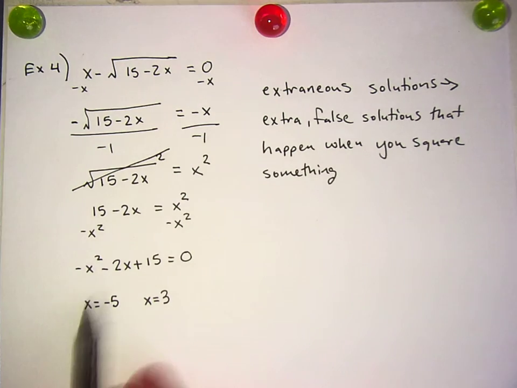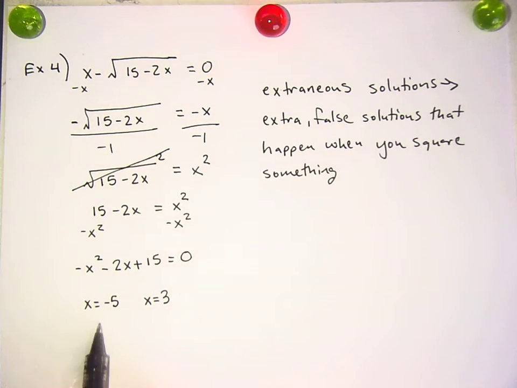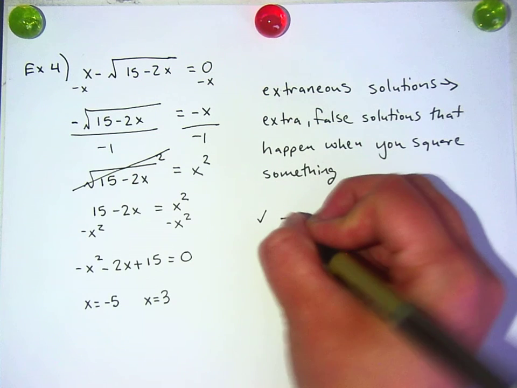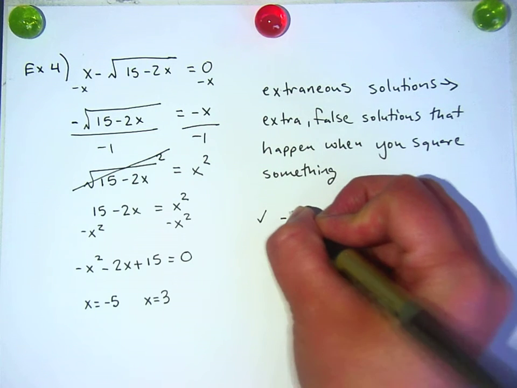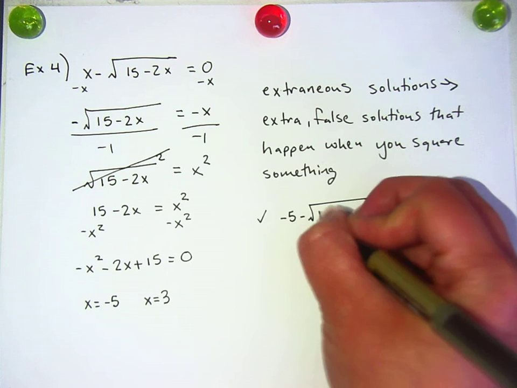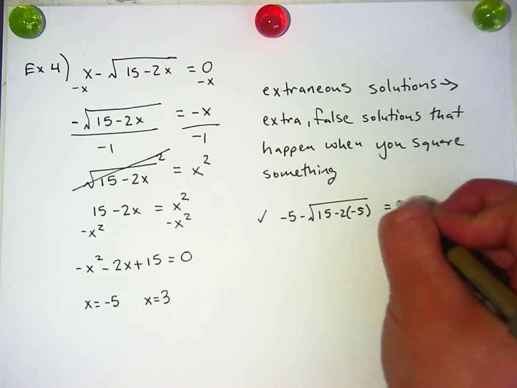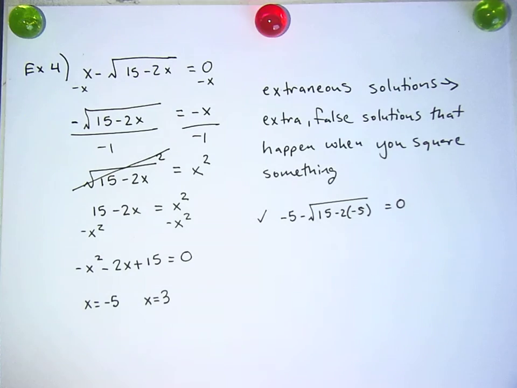So can we do this in our heads? Let's find out. Check. Negative 5 minus the square root of 15 minus 2 times -5. And we're trying to see if that's going to equal 0, right?